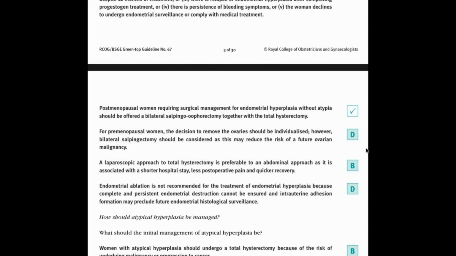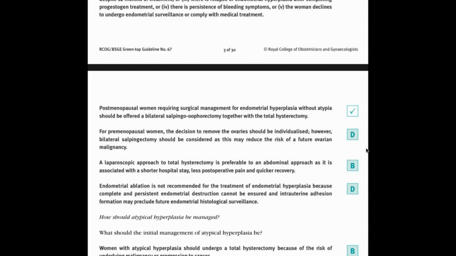Don't tell her, we're going to take out your uterus and both your ovaries and tubes. It's not a must. Okay? The option that you are mainly offering is a hysterectomy plus or minus bilateral salpingo-oophorectomy, and for the bilateral salpingo-oophorectomy you will ask the patient, would you like us to remove your ovaries and tubes or not?